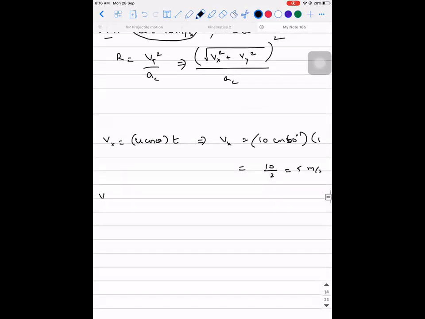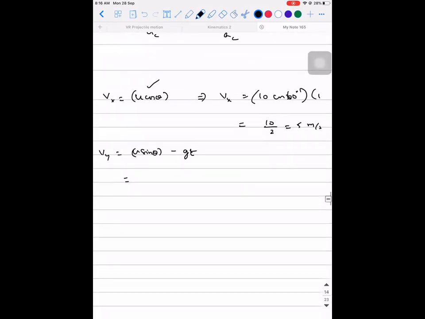So what about Vy? It is u sin theta minus gt. Very good. We know that the velocity along the x direction is always constant, which is u cos theta. So Vy is equal to u sin theta minus gt.